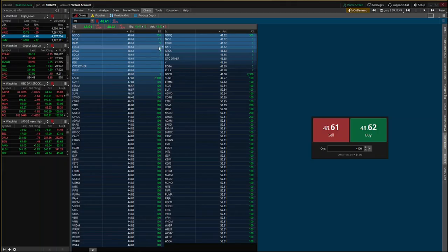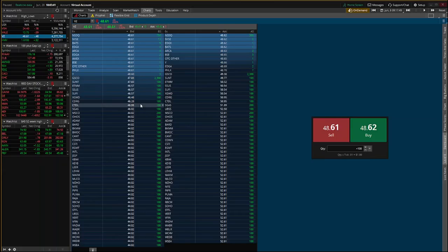As a trader, you could think, all right, that's such a large order to buy, so I need to get in before them. And you buy in at 48.61. Well, they could have completely faked you out, where you just bought in, they pull their order, and then it just drops to the next number.